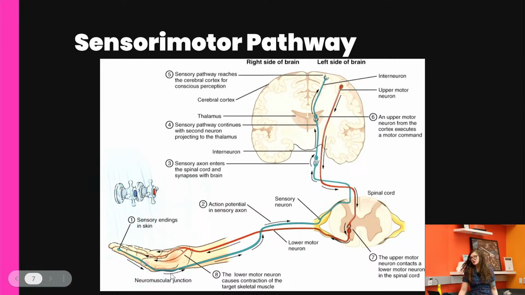Then this goes up along nerves to the spinal cord and into the brain. It reaches the thalamus, all the way up here, which relays sensory information from your body to your brain, and then reaches the sensory cortex.